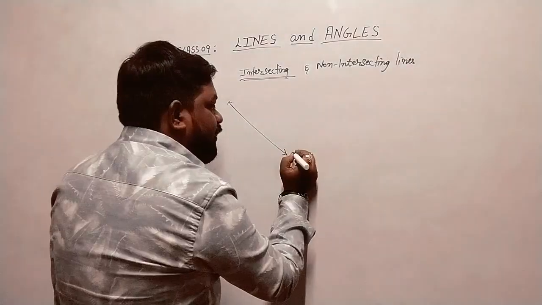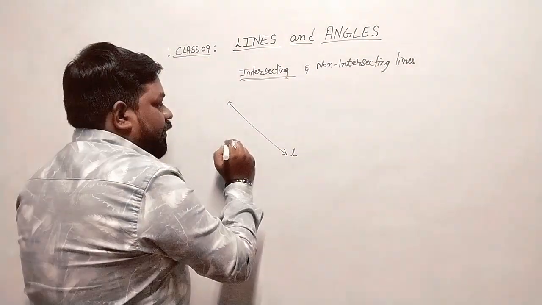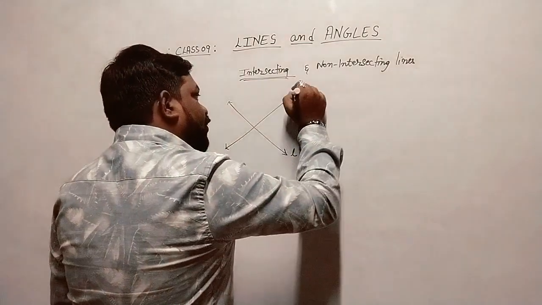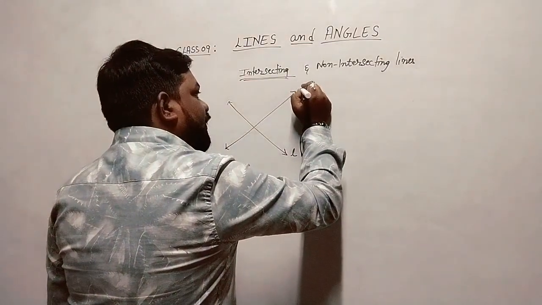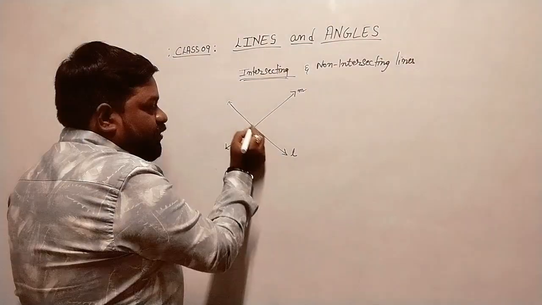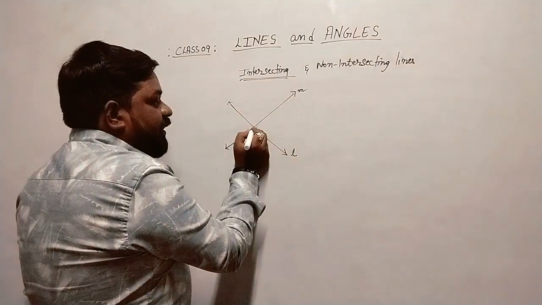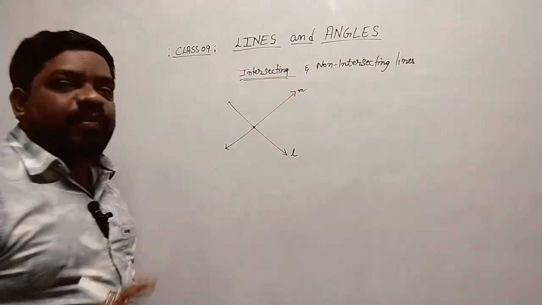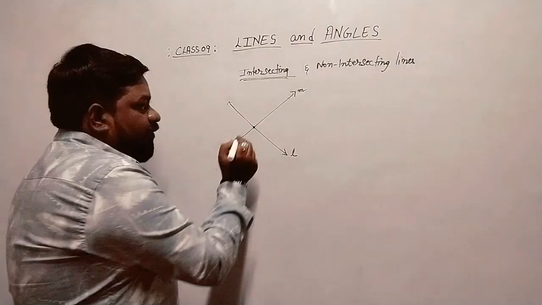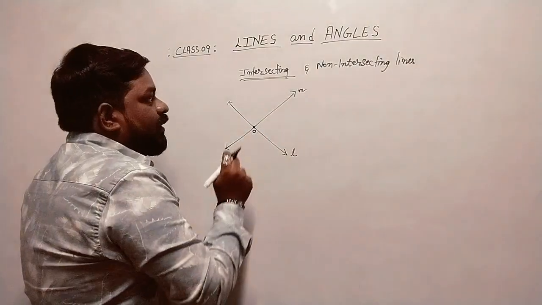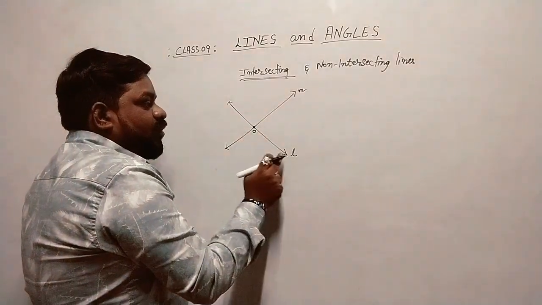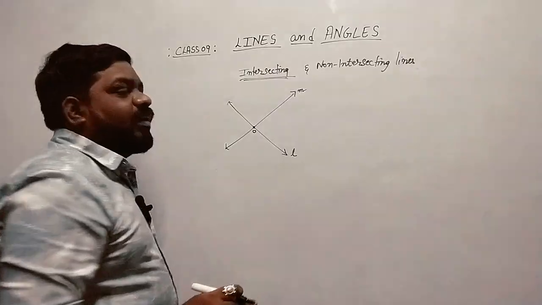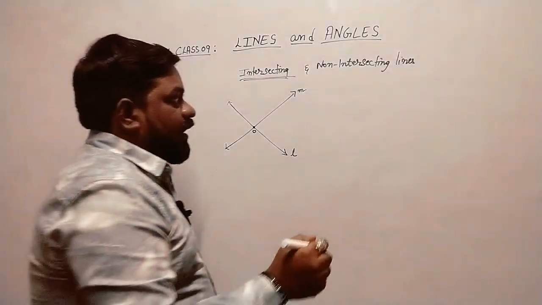I will name this line as L, and I will take one more line and name it as M. So these two lines are meeting at one point, at a common point, I will name it as O. Then we call these two lines, L and M, intersecting lines.